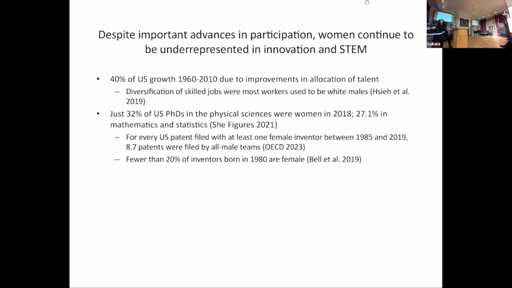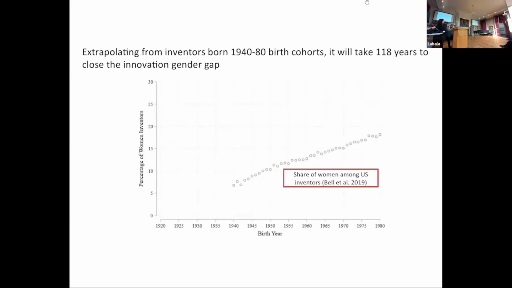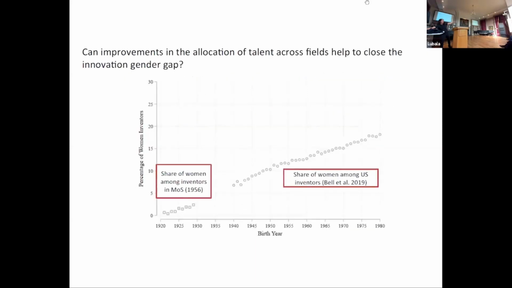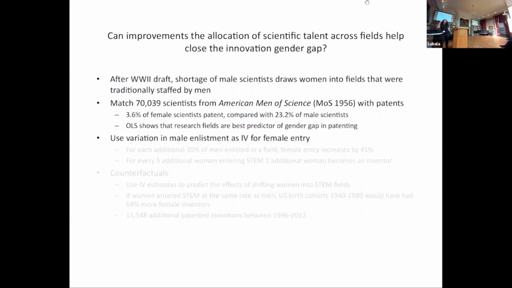And you asked what we can actually do to estimate this. This is what we see amongst inventors. It'll take 118 years to get equity. And so we're looking at these counterfactuals. The variation that we're using is World War II, when enlistment for male scientists pulled men out of the labor force, and they had no choice but to pull in women.